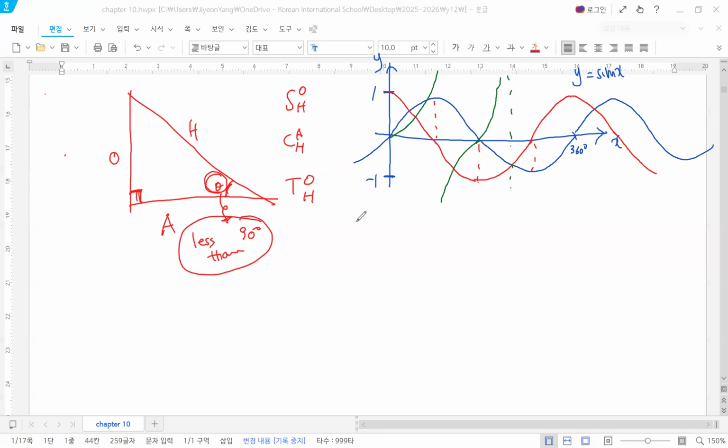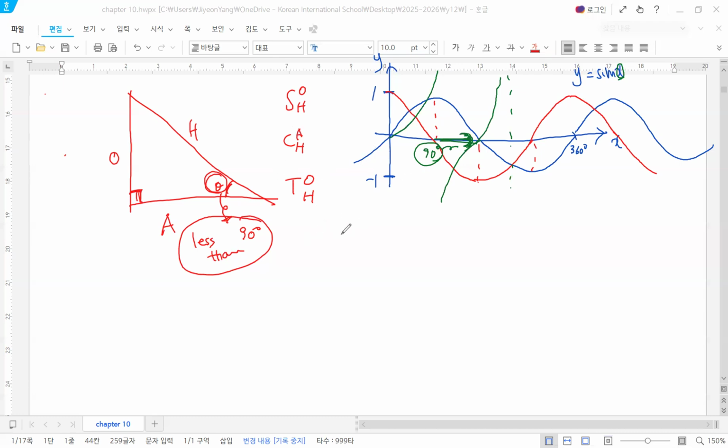So basically, you learned how to draw sine graph, cosine graph, tangent graph. It means that mostly in this graph, of course, the theta, the angle, exists more than 90 degrees, right? But there was no explanation of how we can define trigonometry when the angle is larger than 90 degrees. There was no explanation.